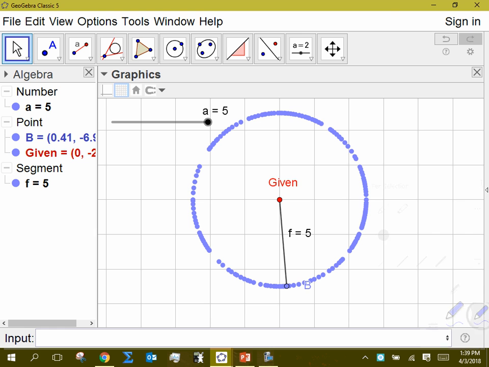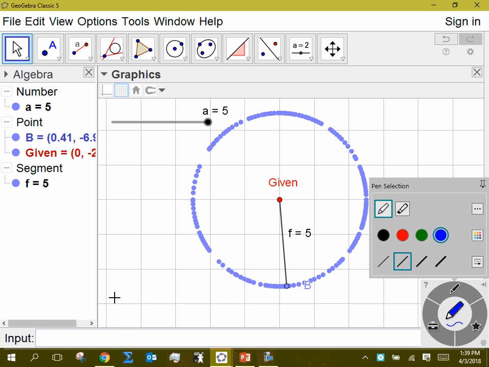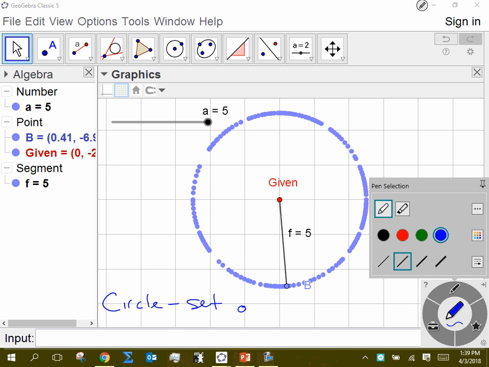So we write that a circle is the set of all points equidistant from a given point called the center.